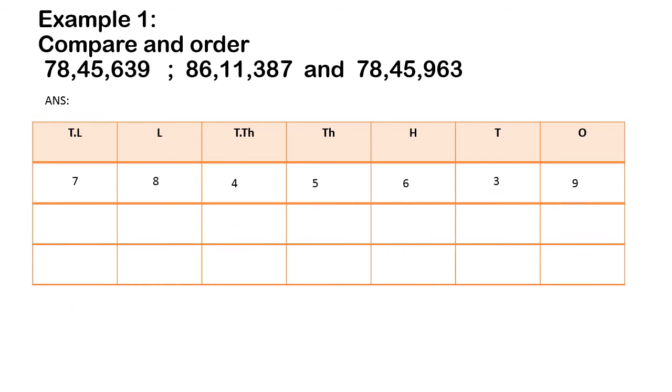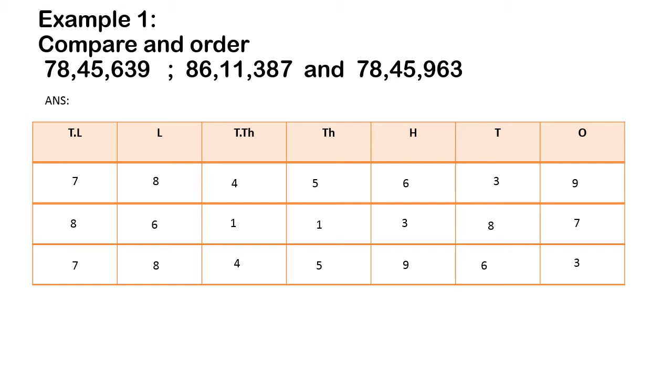So first number 78 lakhs 45,639. Then the next number 86 lakhs 11,387. Then the next number 78 lakhs 45,963. So first we have to find out the highest place value. So what is the highest place value here? Ten lakhs. Okay.